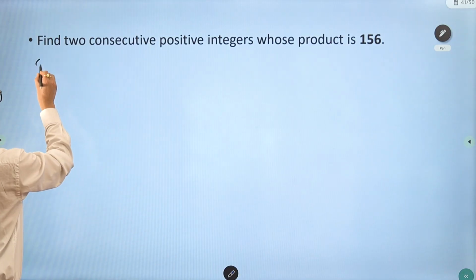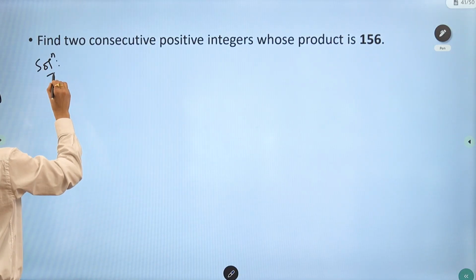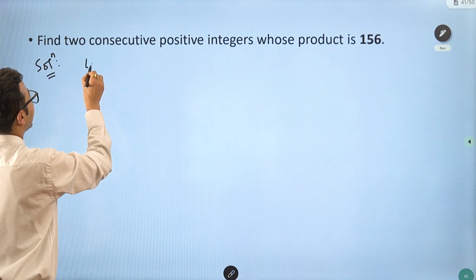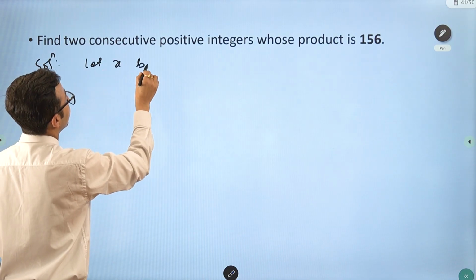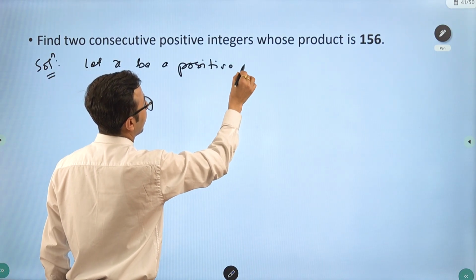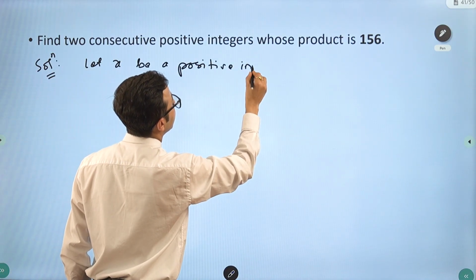Same type of problem. You know that consecutive integers are one more than the preceding number. So let x be a positive integer.